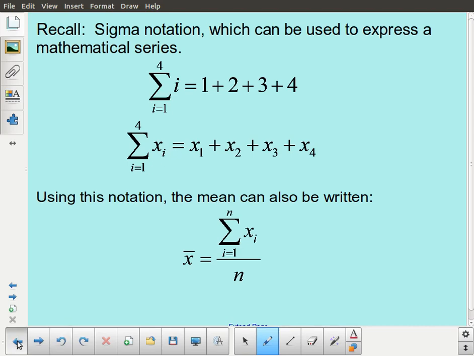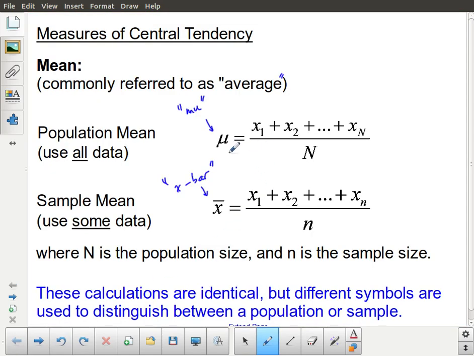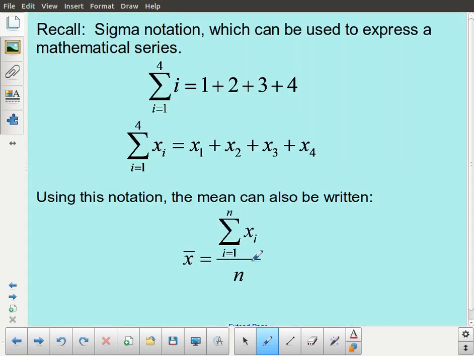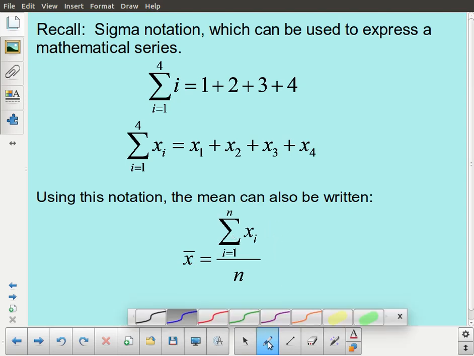But if we go back and take a look at it, that's what averages are doing. That's what means are doing. They are taking the sum of a number of terms and then dividing by however many terms you just added together. So in the case of the sample mean, we would have x bar is equal to this part on the top.